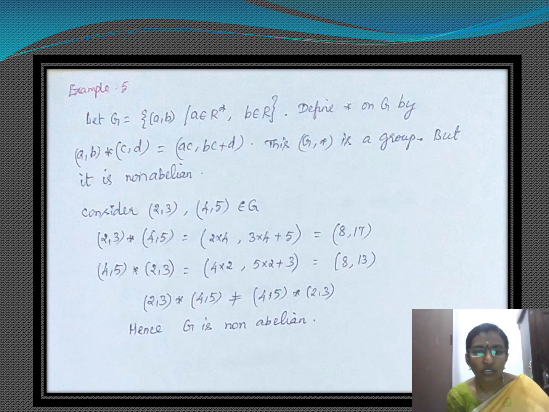Likewise, we have to calculate (4, 5) star (2, 3) equal to 4 into 2, 8, 5 into 2 plus 3 equal to 13, which gives the answer (8, 13), but both are not equal. Therefore, this G does not satisfy the property of abelian. Therefore, G is non-abelian.